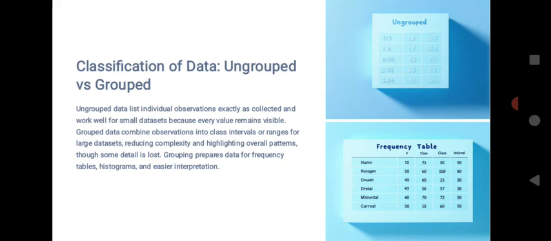But grouped data combine observations into class intervals or ranges, and is more applicable when you have large data sets. It reduces complexity and highlights overall patterns, although some details may be lost. Grouping prepares data for frequency tables, histograms, and easier interpretation.